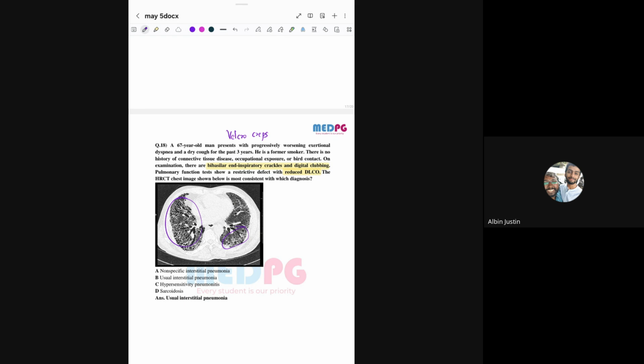You see a basal subpleural predominance with honeycombing and traction bronchiectasis, reticular opacities.